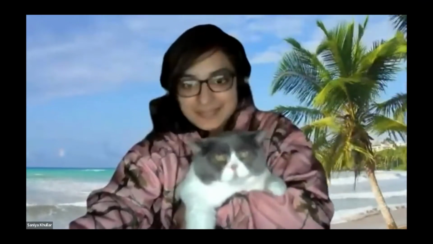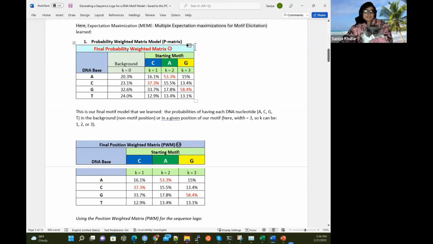One thing, guys, that I wanted to really quickly clarify is I know that I say PWM is probability weighted matrix, for instance. But I'm really trying to say position weighted matrix. I'm sorry, I've been interchanging the two. Really, with the probability weighted matrix, we can consider it like having the background in the non-motif positions here, positions that are not motifs.